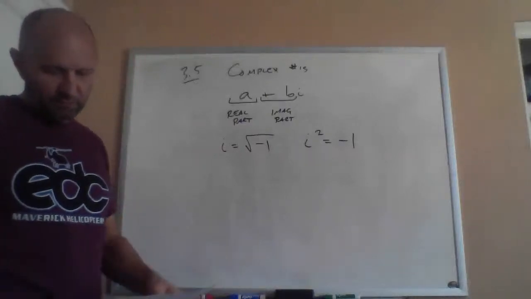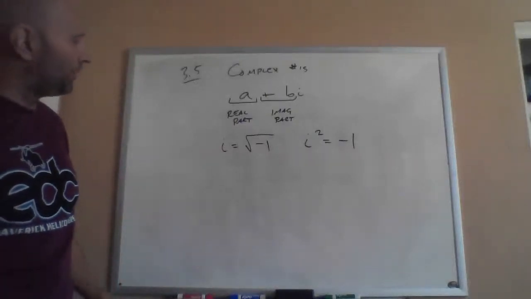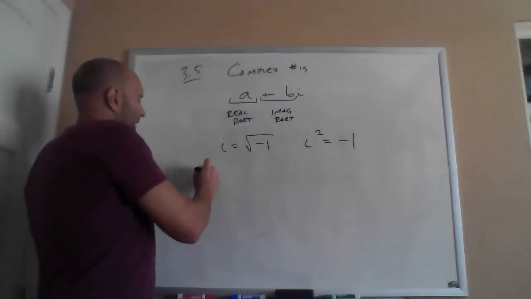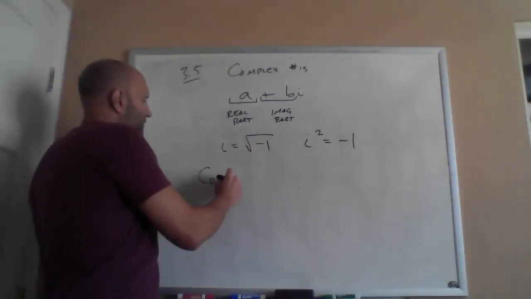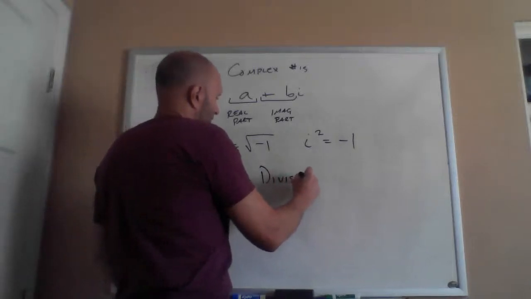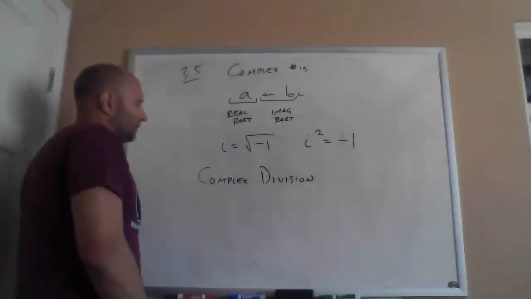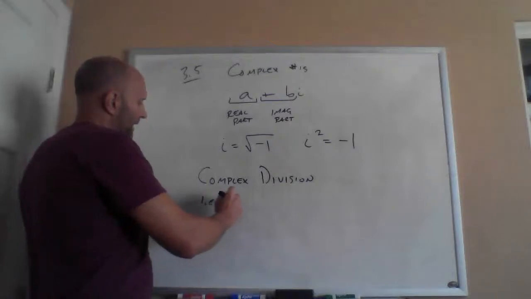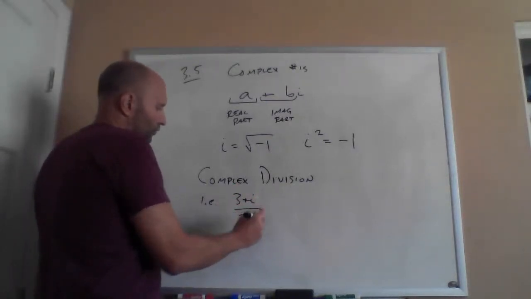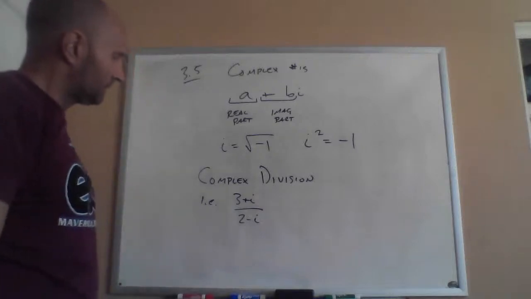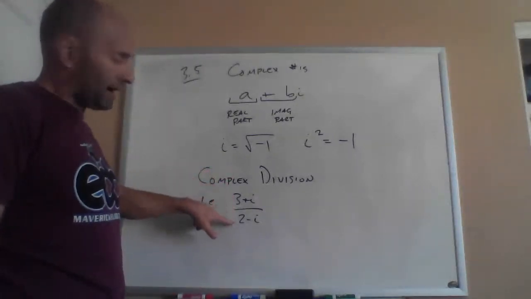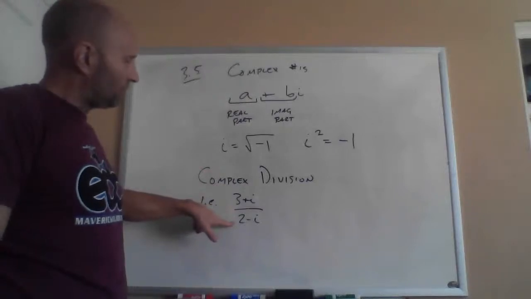And then the last part here is complex division. So for example, if I have 3 plus i over 2 minus i, this is one complex number divided by another complex number.